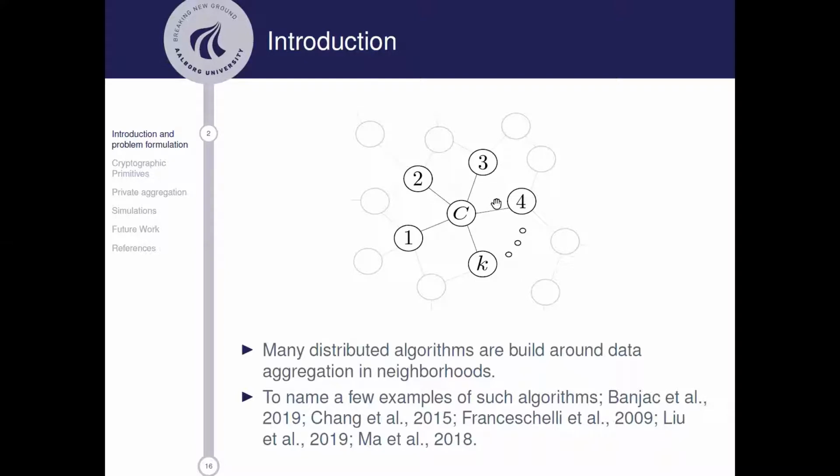Rather, they need to learn the sum of their neighbors' values. For this reason, we would like to propose a privacy-preserving aggregation scheme for computing this sum, such that none of the nodes in the network will have to actually reveal their private data to the other nodes.